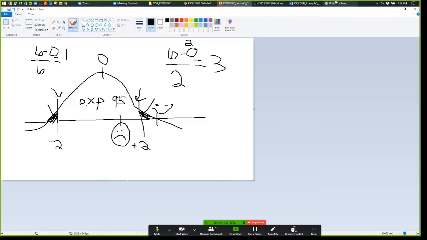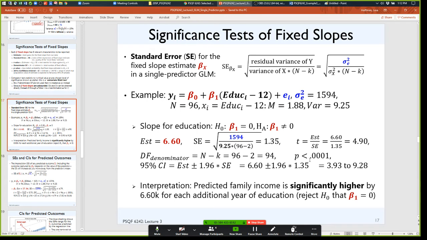Let's go back to my happy little picture here. It would be somewhere out here, 4 and some change. So we're well in unexpected territory.